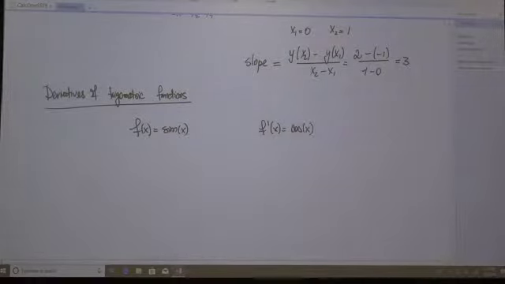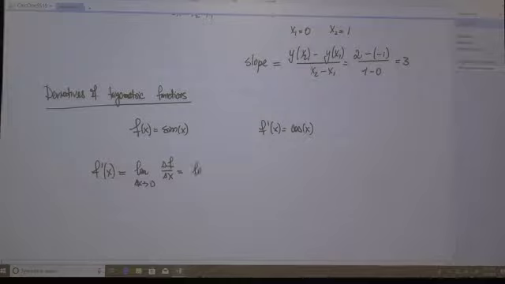And we can show this using the definition of the derivative. The derivative of the function f is equal to the limit of delta f over delta x, where delta x goes to 0. Then we can write this down.